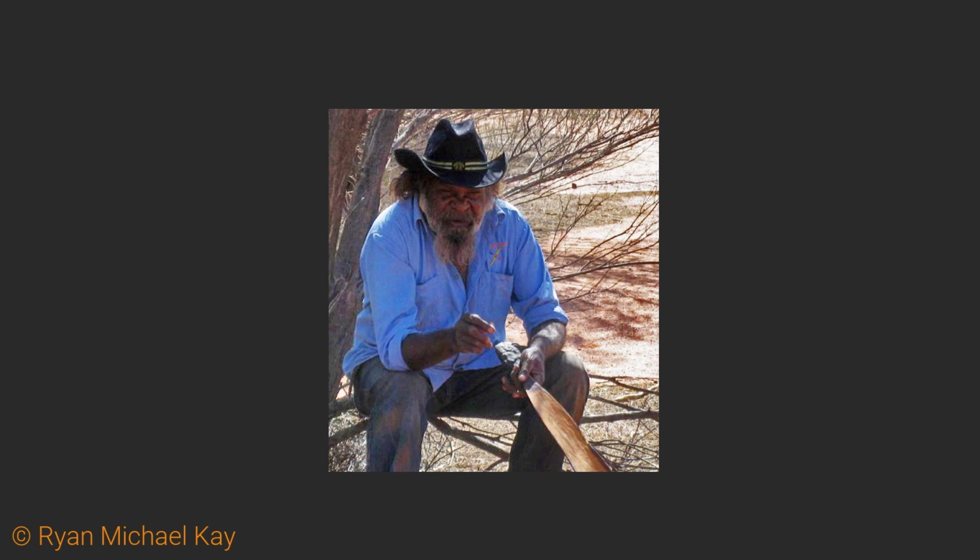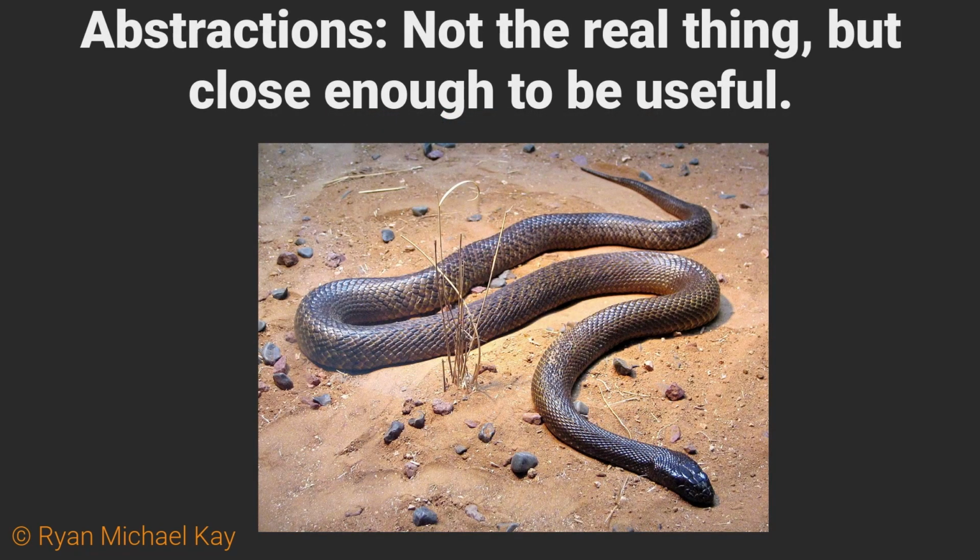However, while supporting the local economy is great, you could also just search for some images of the snake online. An image of a snake is an abstraction. They have enough details about a part of reality, in this case, a snake, to give you information that can save your life.